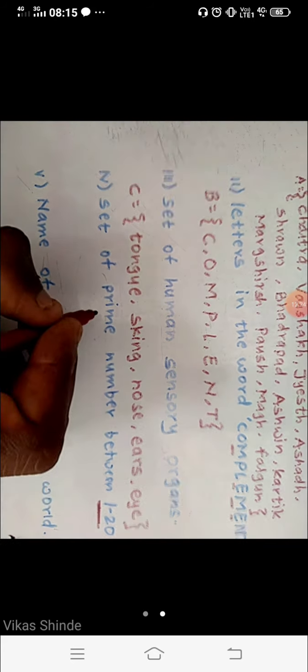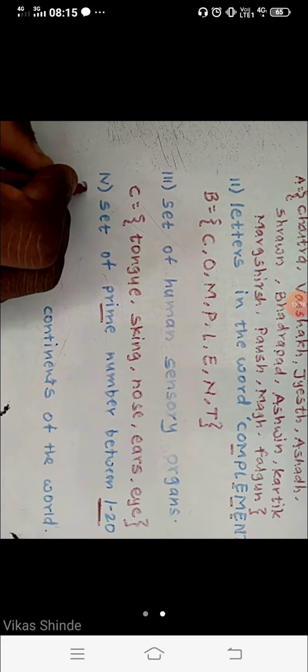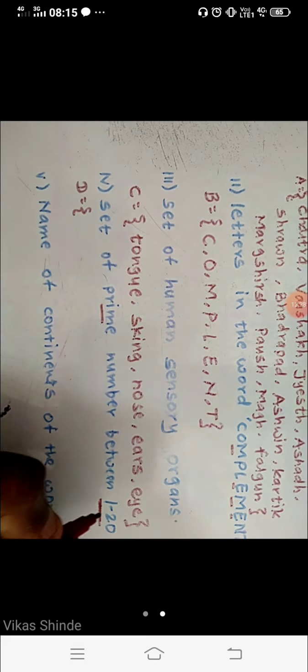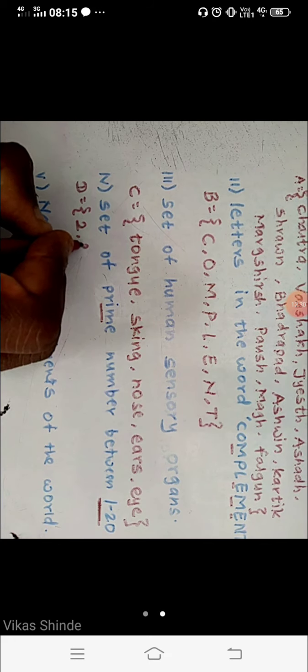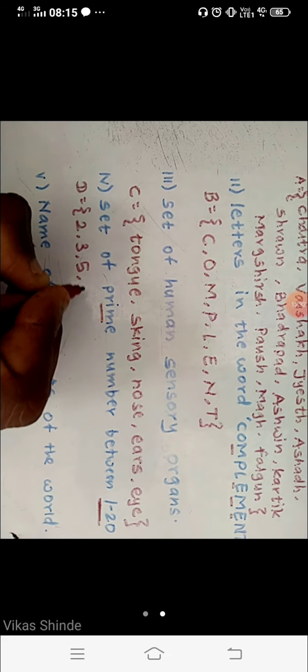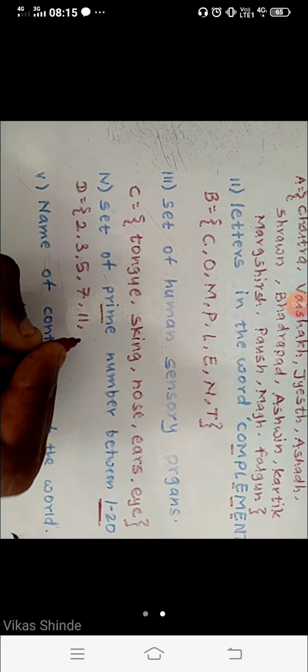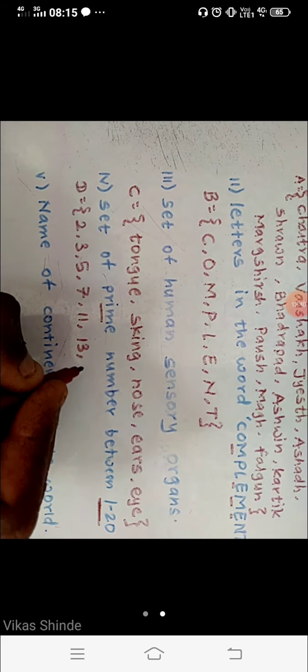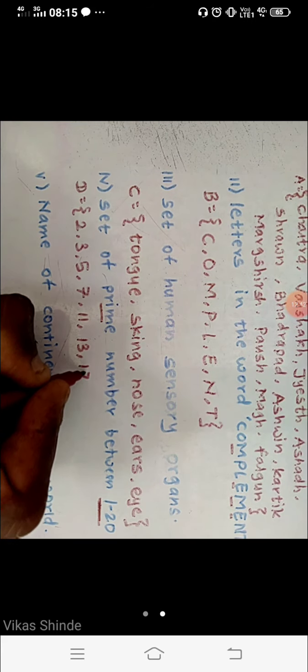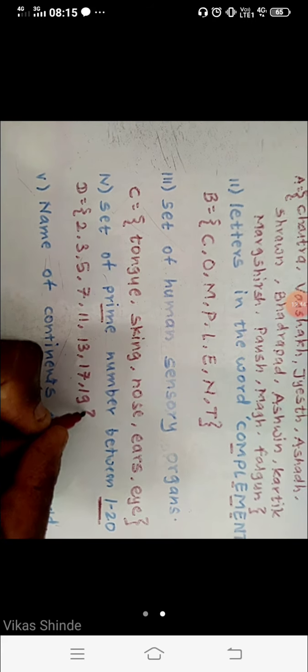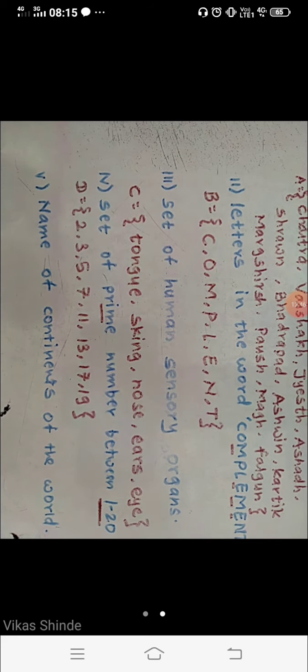We have to write only the prime numbers. So the first prime begins with 2 always, then 3, then 5, then next one 7, 9 is not prime, then after 9, 10, then 11 directly, then 13, then 15 is not prime, then 17, and at last 19 is there. These are the prime numbers between 1 to 20.